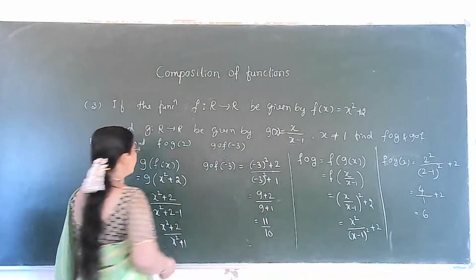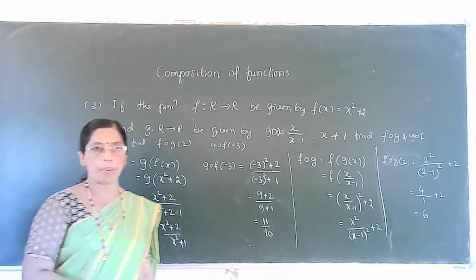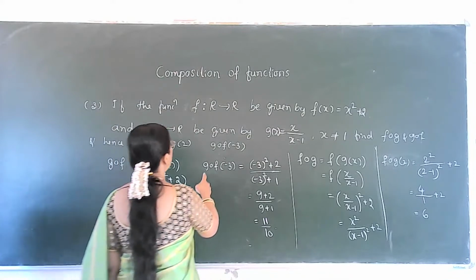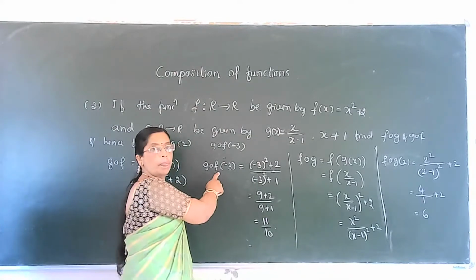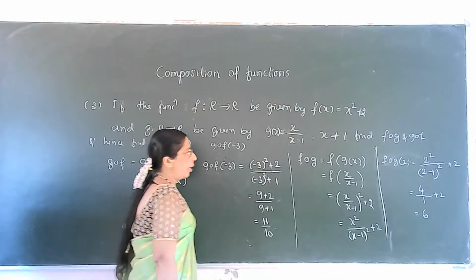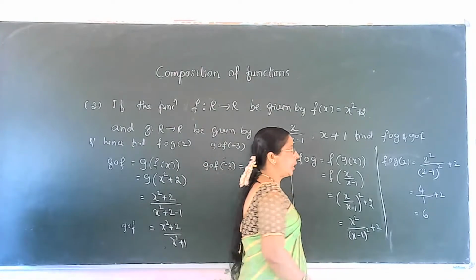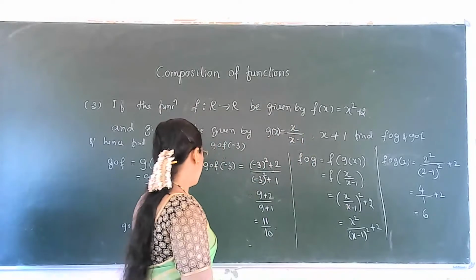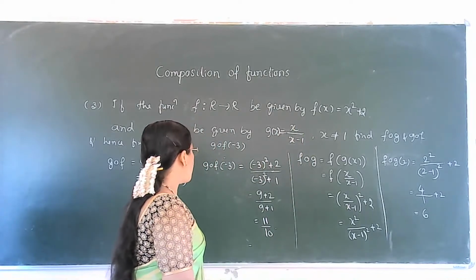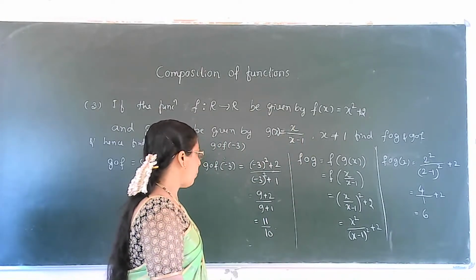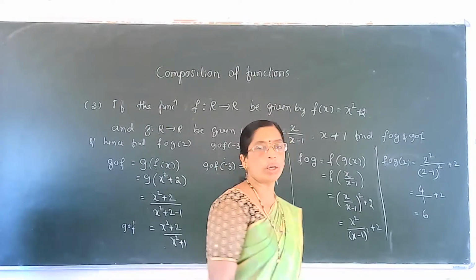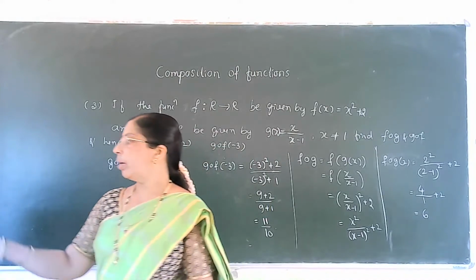Here we find the decomposition of f, and we know the decomposition f of minus 3 is 11 by 10 and f composition of g of 2 is equal to 6.